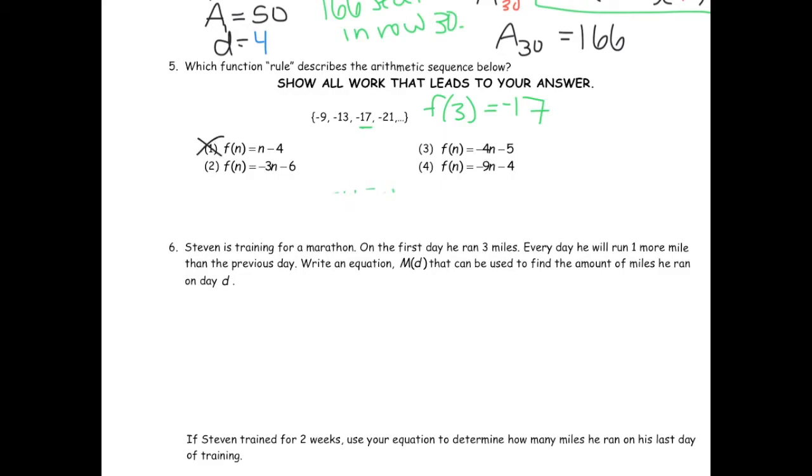Now for choice 2, f of 3, is that equal to negative 3 times 3 minus 6? Well, I have negative 9 minus 6. That's negative 15. Is the third number in my list negative 15?